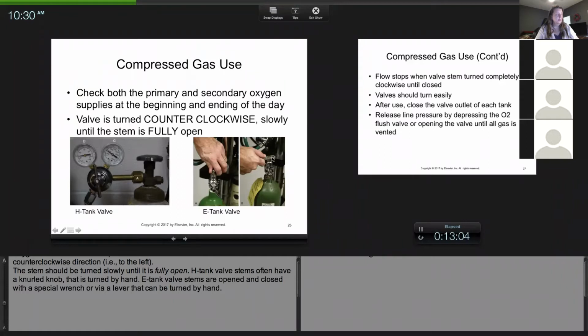There is a little key, if you can see in this guy's hand. There's a little stem on the oxygen tank, and you put the key over it, kind of like an Allen wrench, and turn the stem. Now, every machine in surgery has one of these keys on it.